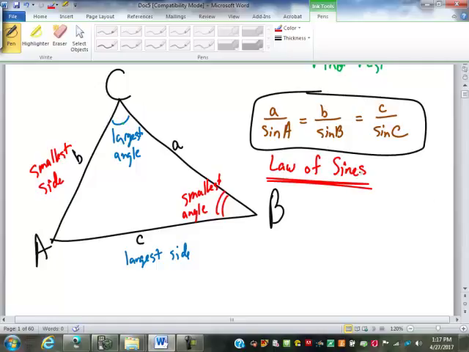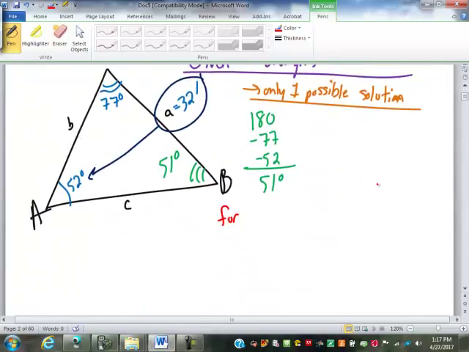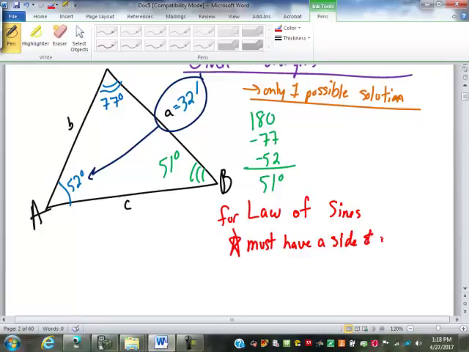In order to use the law of sines, you must have a side and its opposite angle.